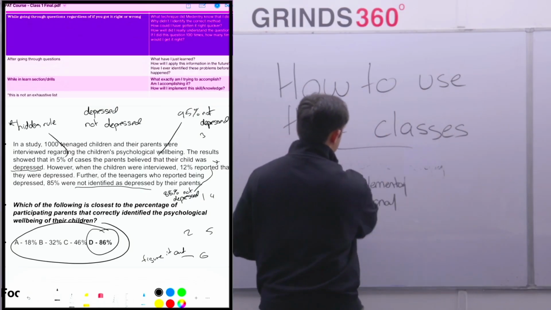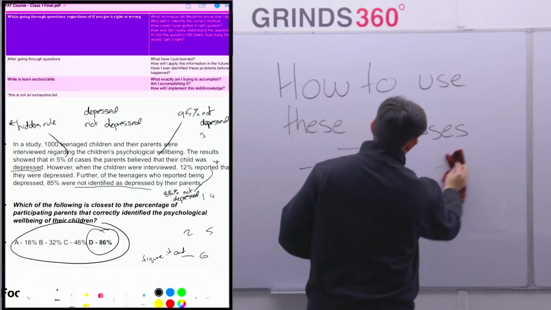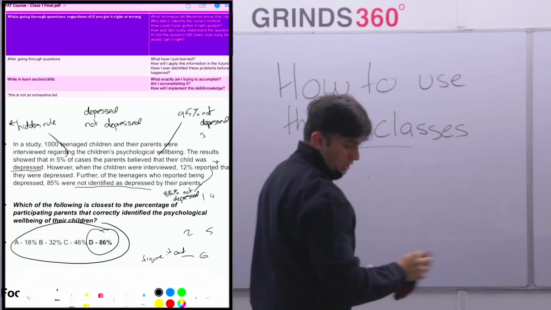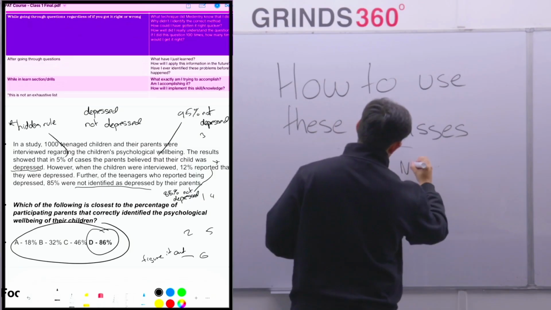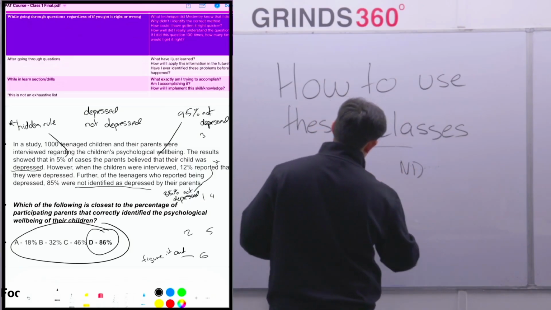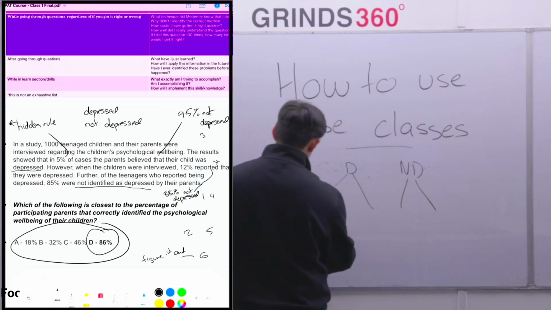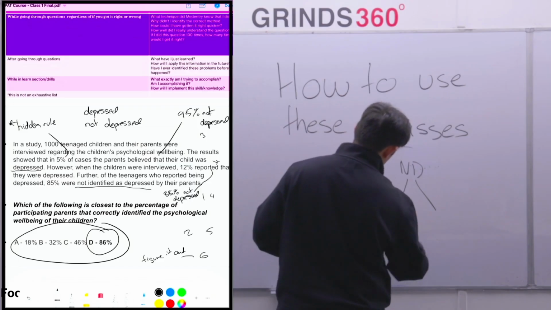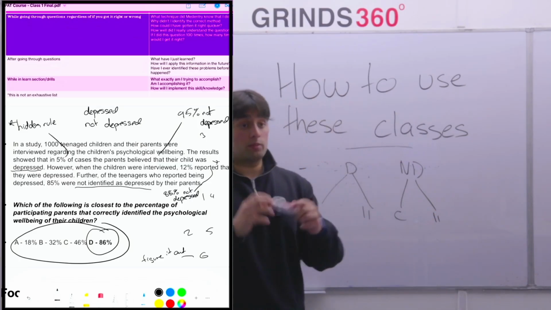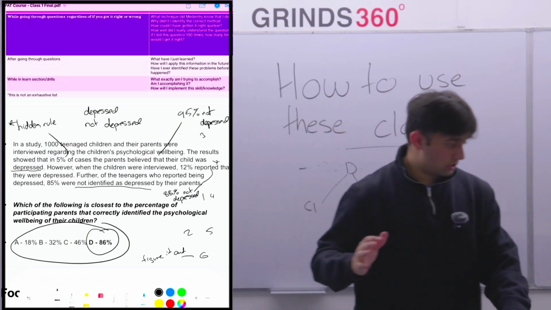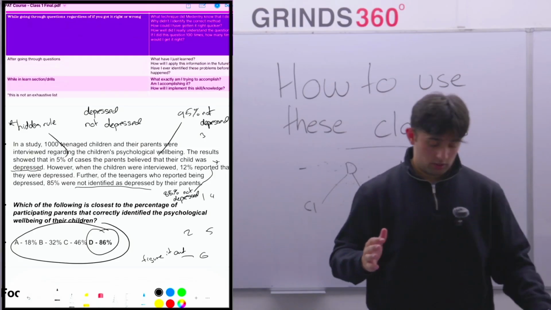On your sheet of rough paper, you can put depressed and not depressed, and then correctly identified, incorrectly identified, and so on. You don't even have to bother with any of that stuff, because you can literally just go small, medium, large.